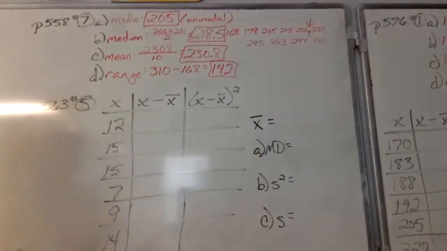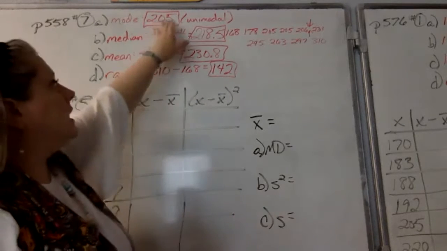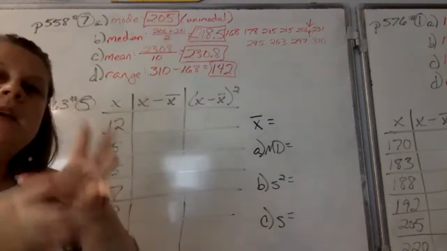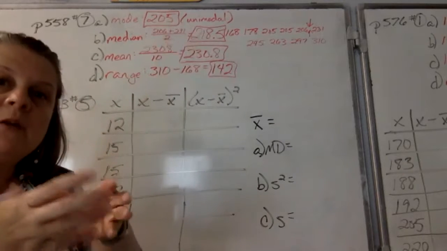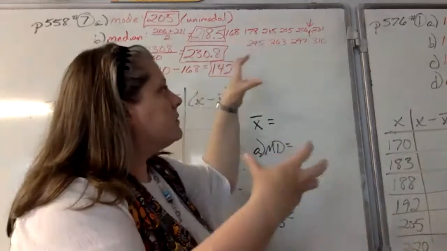Okay, so remember what I was talking about with these. Your measures of center, your three Ms, your mean, median, and mode, if you'll notice, they're all in the lower 200s, because that gives you a summary of where most of the data was. If you look at the numbers, they're mostly closer to the lower 200s.